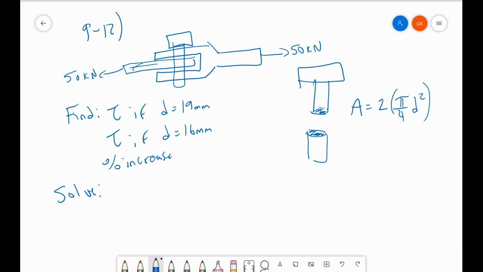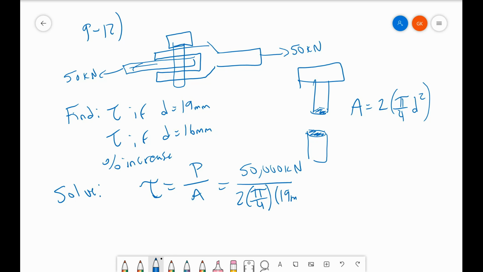The first step in all these problems is always to write down your equations. The shear stress is equal to the load over the area. If I calculate this right, it's going to be 50,000 kilonewtons over the area of 2 times pi over 4 d squared, which, if I'm being smart, I would put 19 millimeters squared.